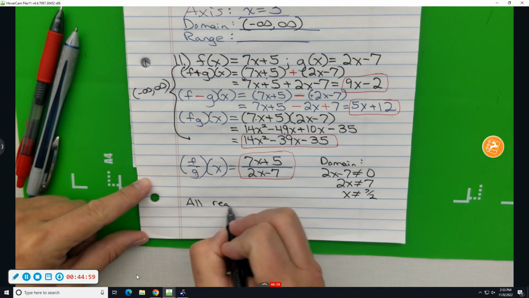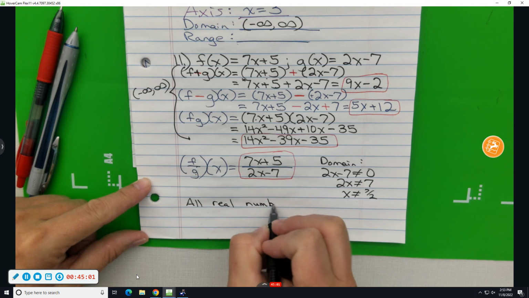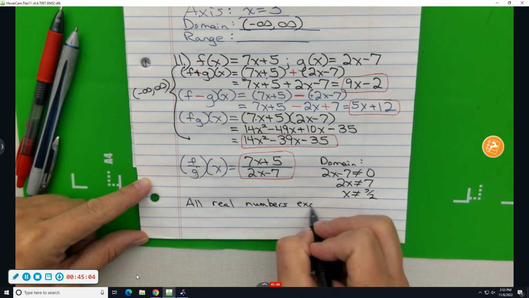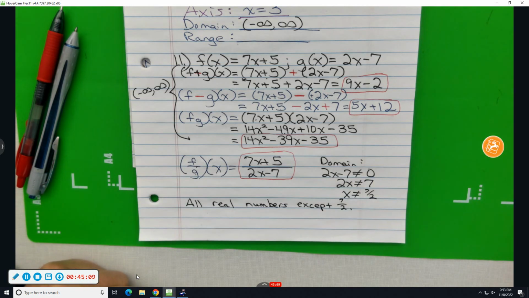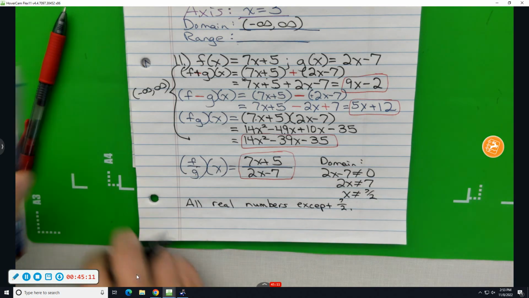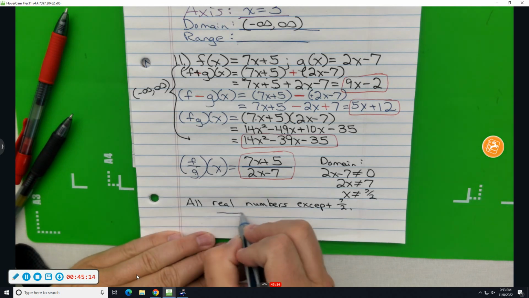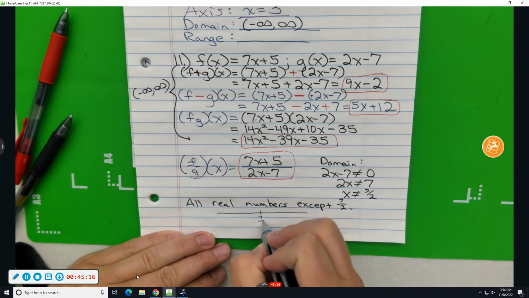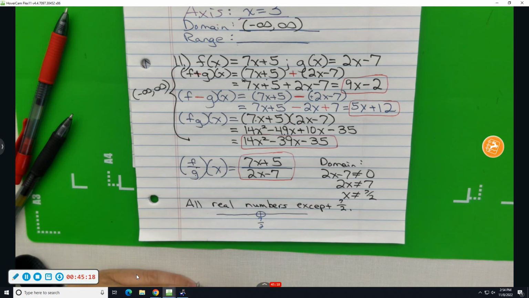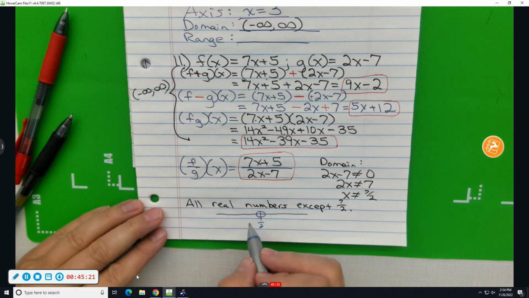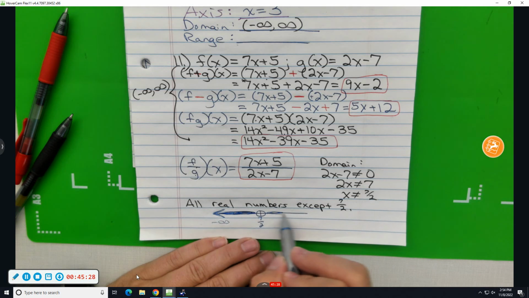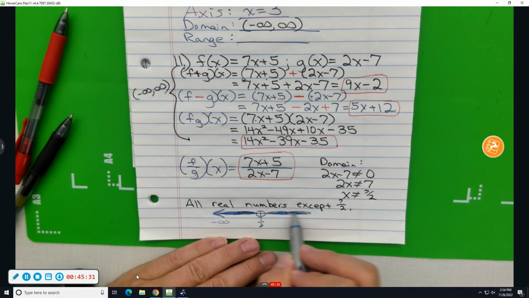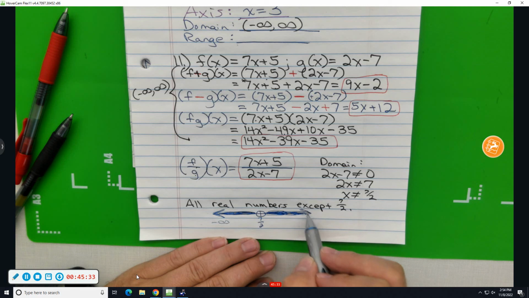All real numbers except 7/2. So if you were thinking of a number line, there's 7/2. It's not shaded there, but it's shaded everywhere else, all the way out to negative infinity and all the way out to positive infinity.